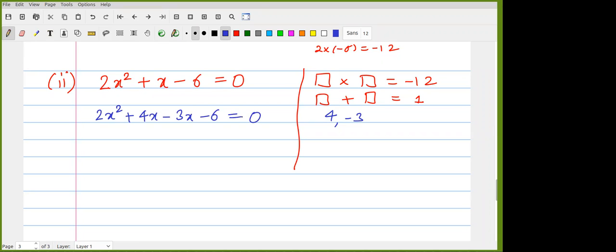Yes, sir. Now tell me, what is common from these two terms? 2x. All of you agree?